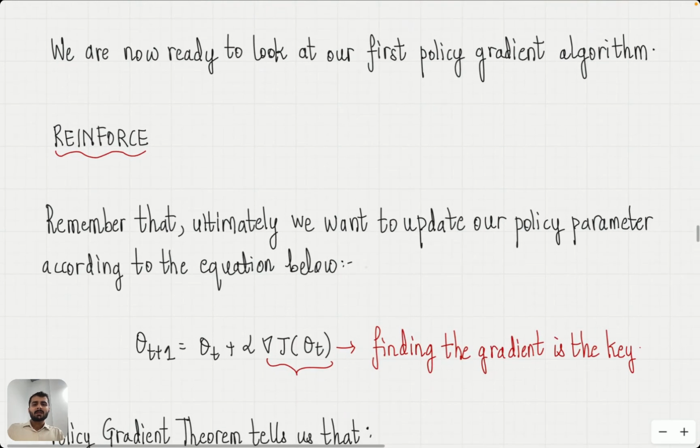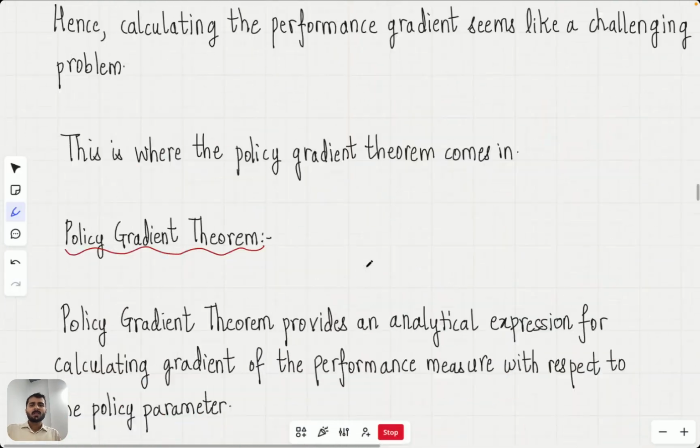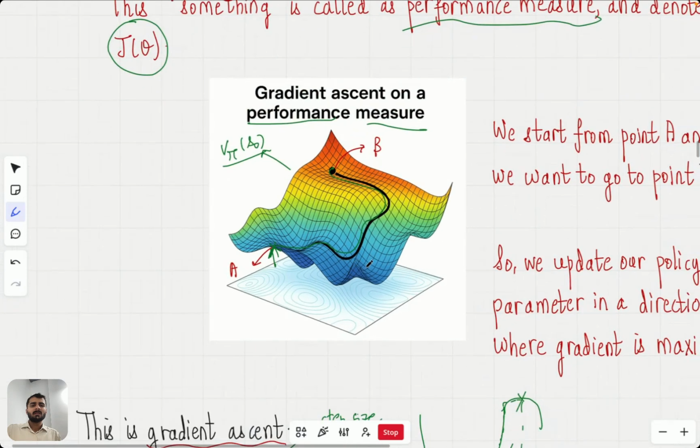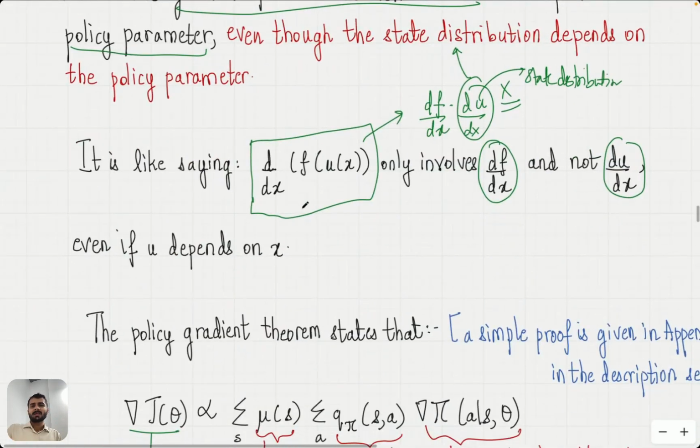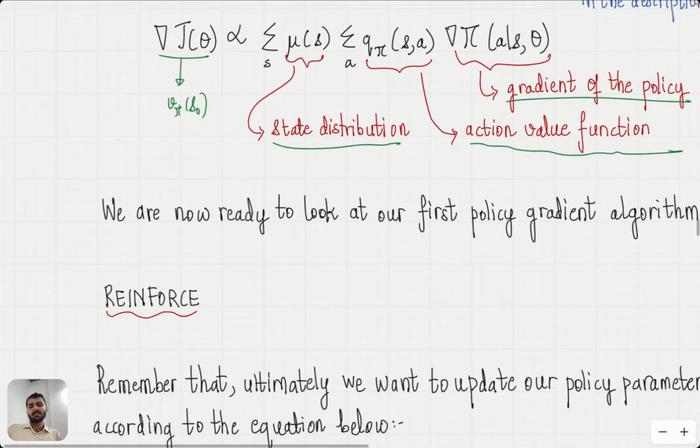Now remember that in the gradient ascent method, we start somewhere around point A, which is not an optimal policy, and slowly we want to ascend along the direction of the gradient and move slowly and steadily towards point B. At every step, we update our policy parameters in the direction of the gradient at that particular policy step.